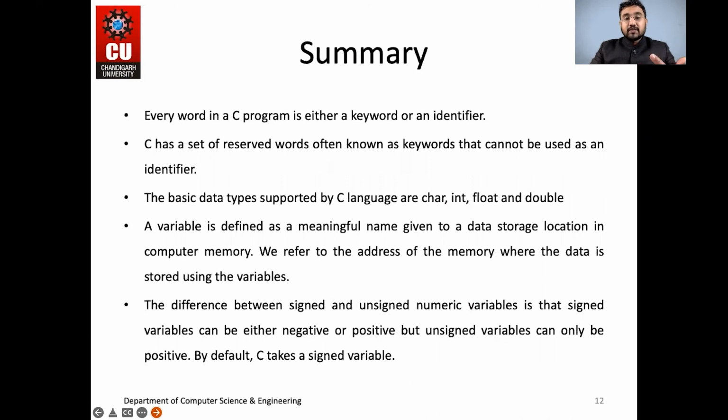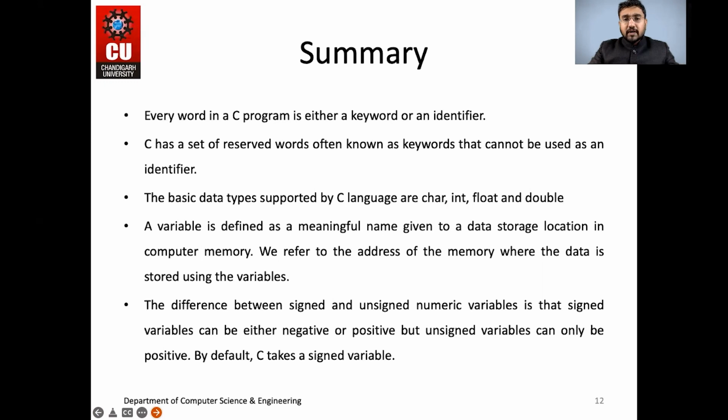We refer to the addresses of the memory where the data is stored using the variables. And most importantly, signed variables can either be positive or negative, whereas unsigned variables can only be positive, right? By default, if you define an integer, that will be considered as signed.